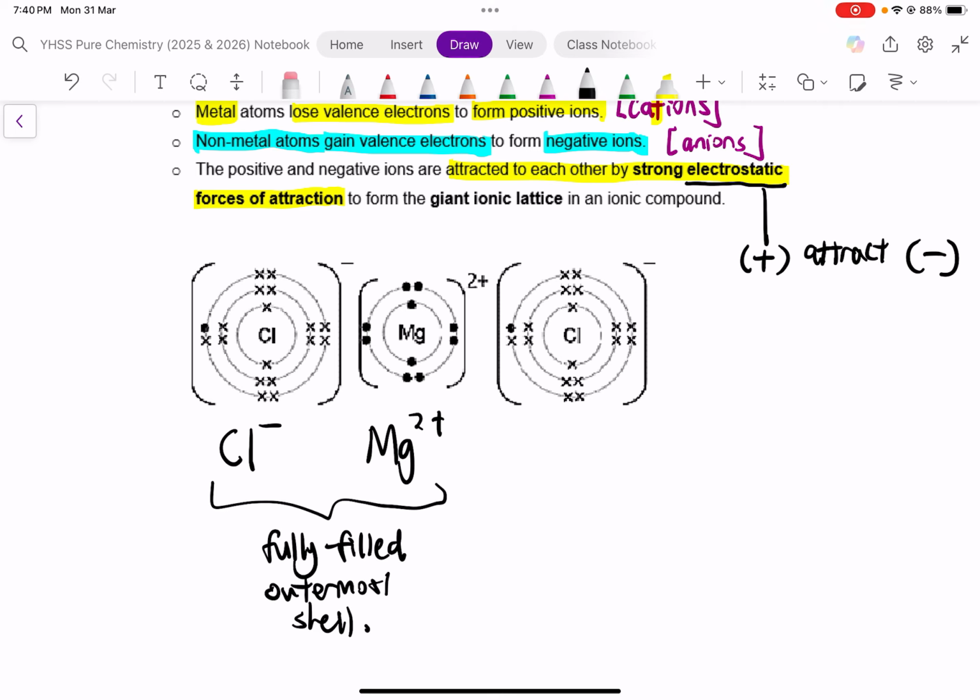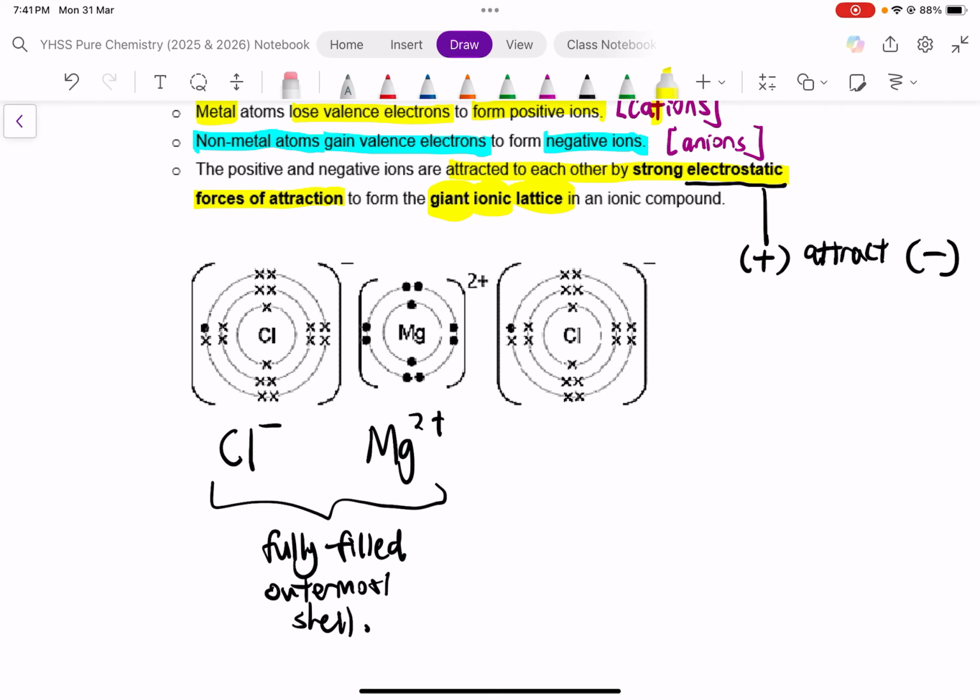Now, the MgCl2 ionic compound doesn't just consist of one Mg2+ and 2 Cl-. This is quite logical simply because MgCl2 is a huge crystal. It's a giant ionic lattice. This means that the ions in MgCl2 cannot just be one Mg2+ and 2 Cl-.